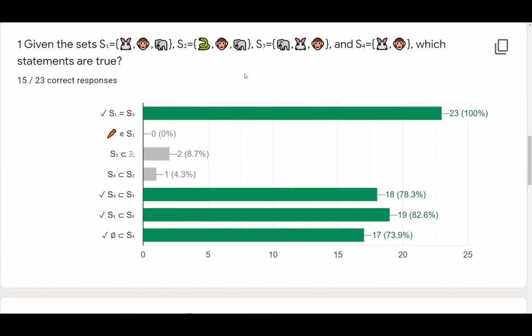Because a set is one of its own subsets. And of course, since S1 is equal to S3, S1 is also a subset of S3. Then the empty set is a subset of S4. Yes, because the empty set is a subset of everything. So nothing is inside everything, if you want.